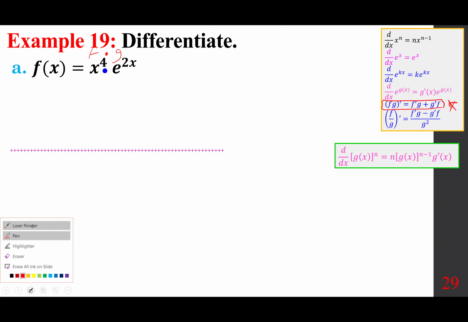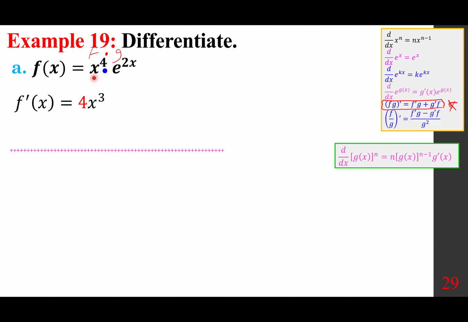And use the product rule on that. Therefore, we are going to write f prime, which is 4x cubed, times g, which is e to the power of 2x, f prime g, plus g prime f.